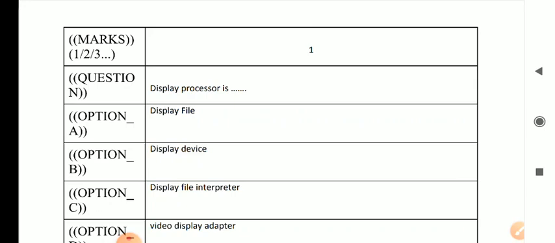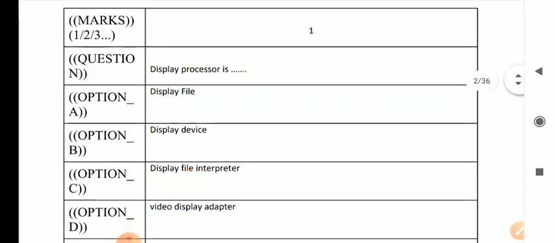So first option, display processor is display file. This is not true. A display device, this is also not true. A display file interpreter, yes. So it is going to interpret what are the commands we are providing. Display processor is display file interpreter.